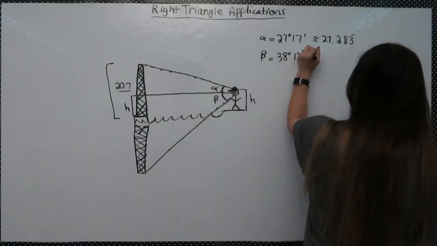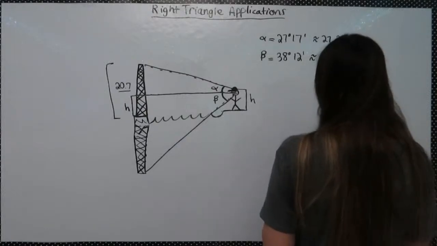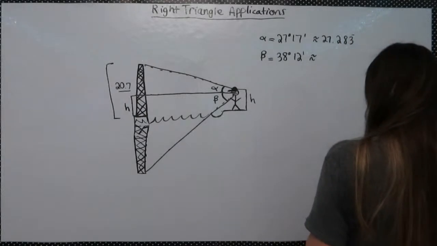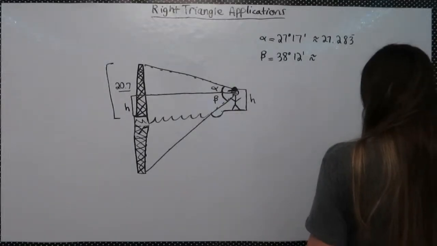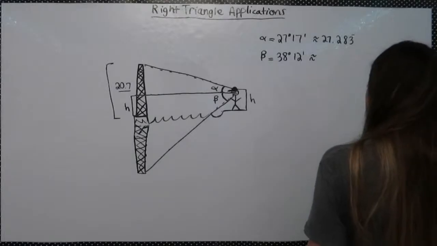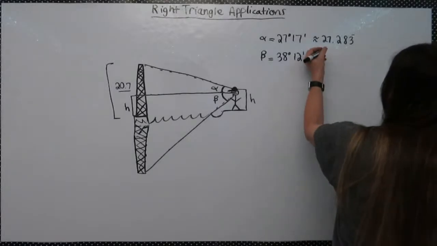And then we'll do the same thing with the beta angle, 38 degrees, 12 minutes. And I'm getting 38.2.